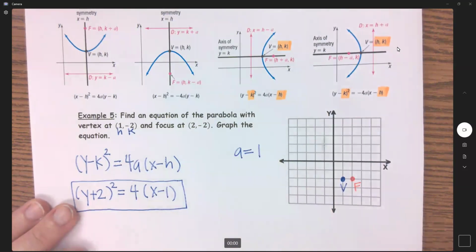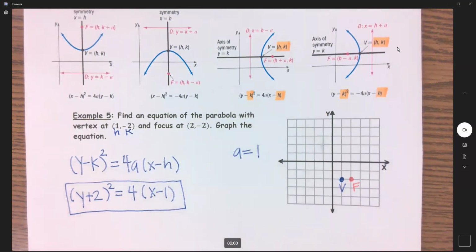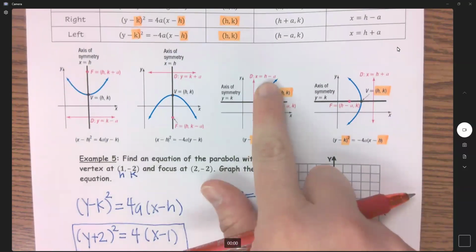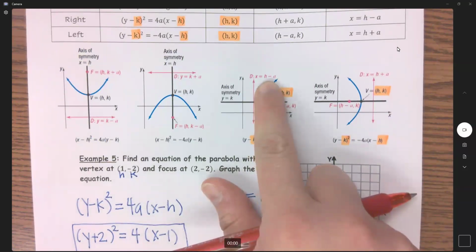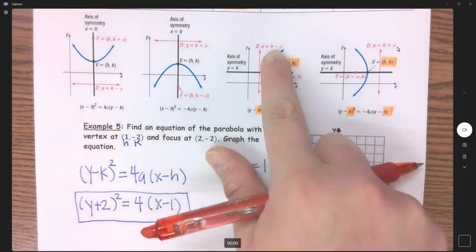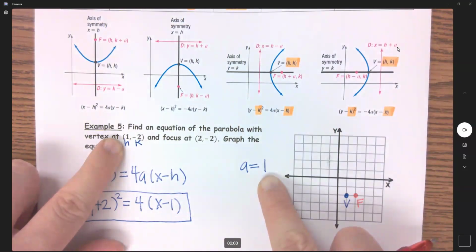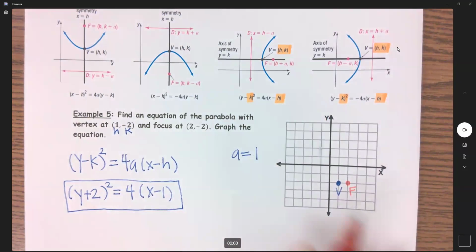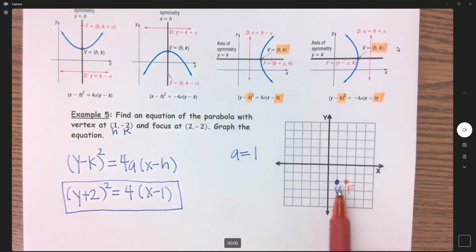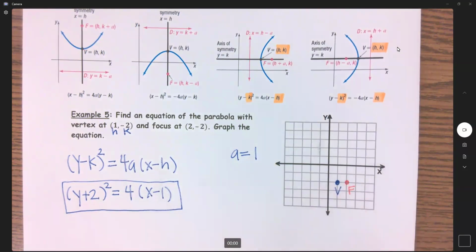So now let's graph this equation. Again, you can use this formula here to find that directrix. h is 1, minus a, which is also 1, so we get x equals 0. But for my graph, I can see that if I'm going 1 to the right for my focus, I'm going to go 1 to my left.